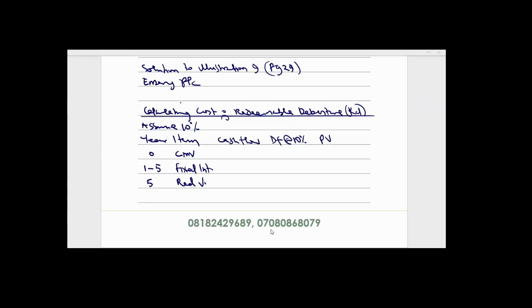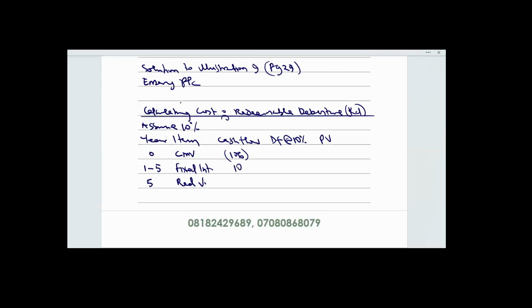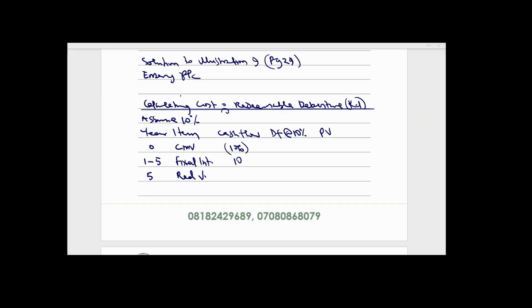So I don't need to be sweating on this. The market value per unit of the debenture is 106. The interest given to us is 10%. Now, before you put down the interest, you need to confirm from the question if you are given tax. So you are not given tax in this question. That's why we are using the 10 directly.